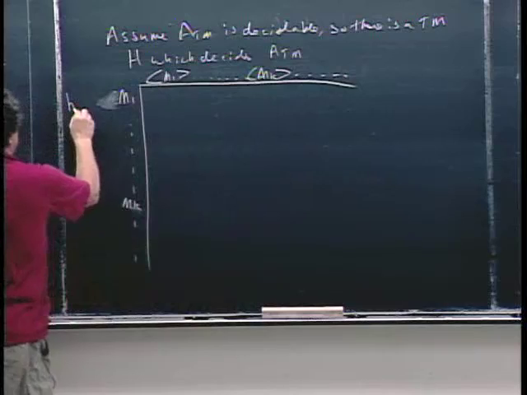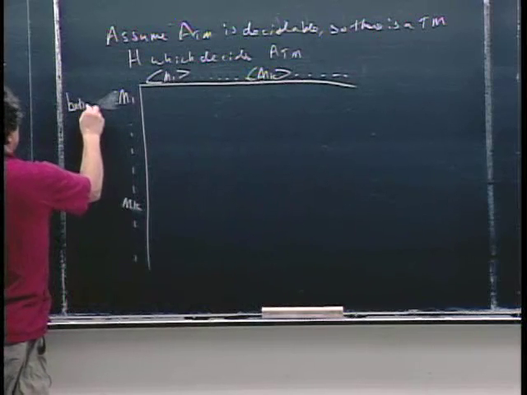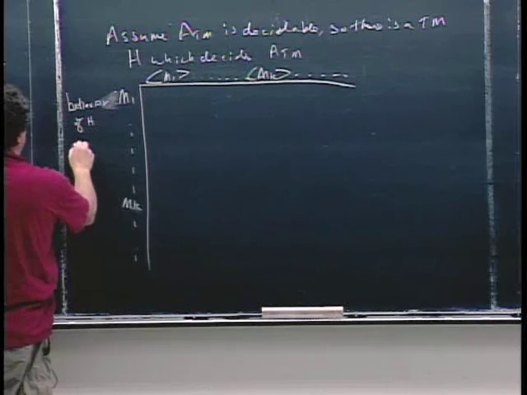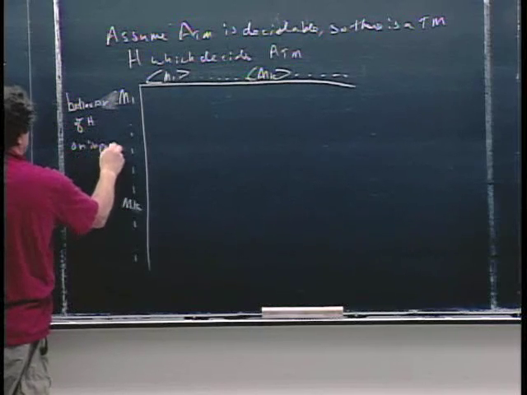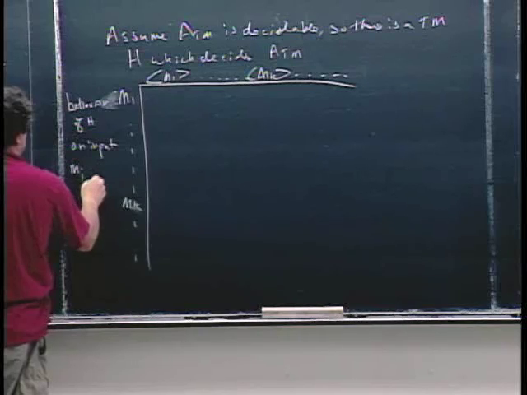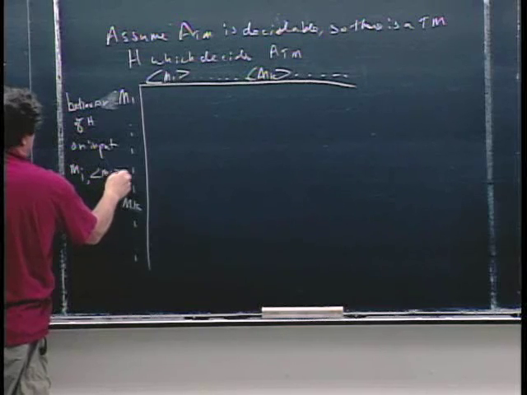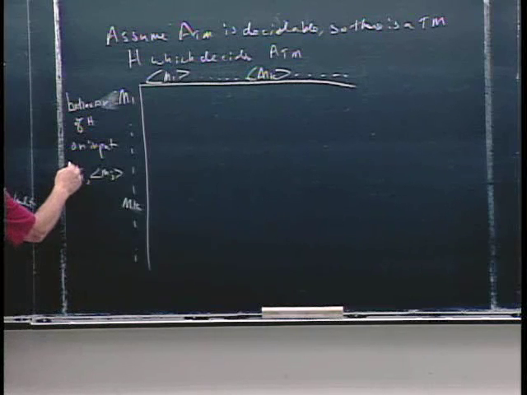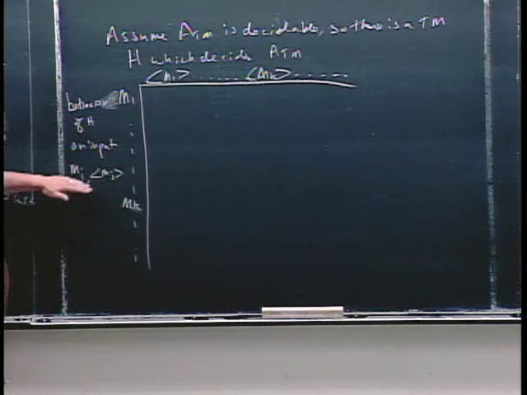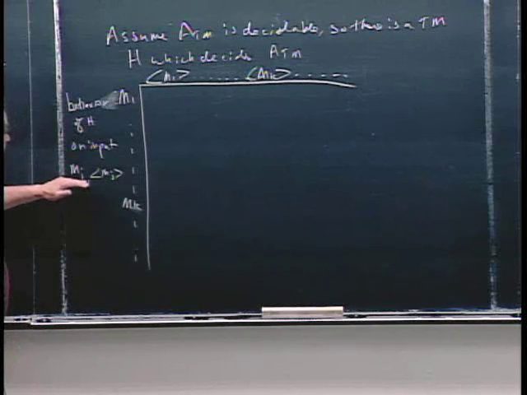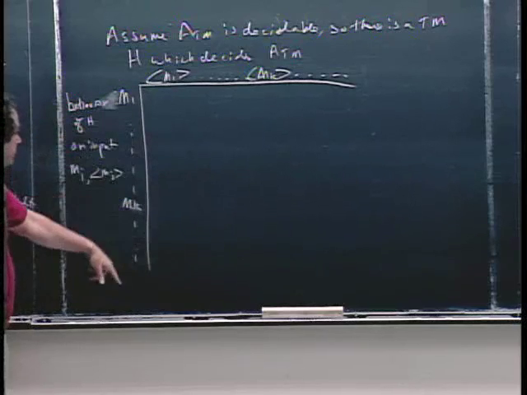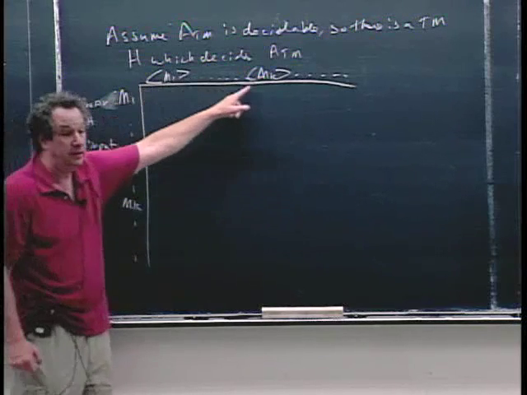So this is the behavior of H on input MI, MJ. If it's given Turing machine MI and then the description of MJ, this is what it gets in the first component and what it gets in the second component.